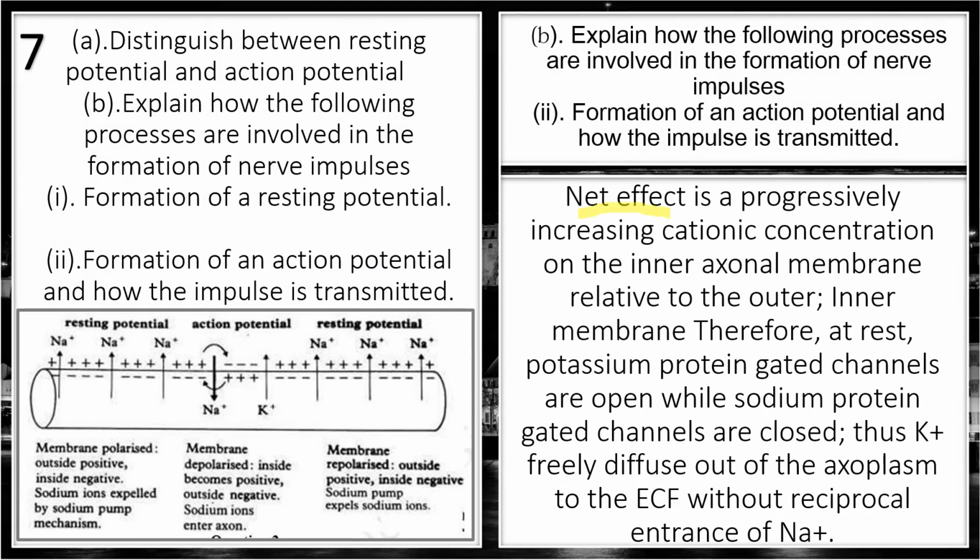The net effect is a progressively increasing cationic concentration on the inner axonal membrane relative to the outer. At rest, potassium protein-gated channels are open, while the sodium protein-gated channels are closed.